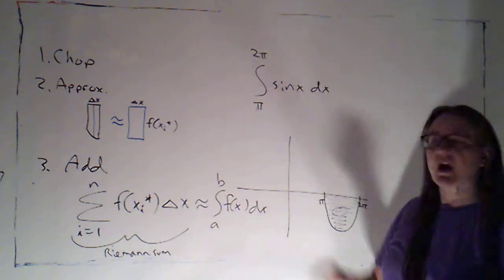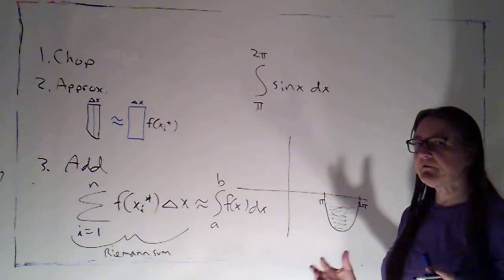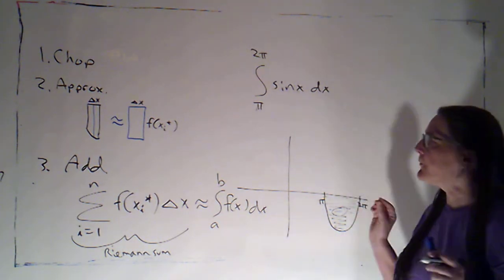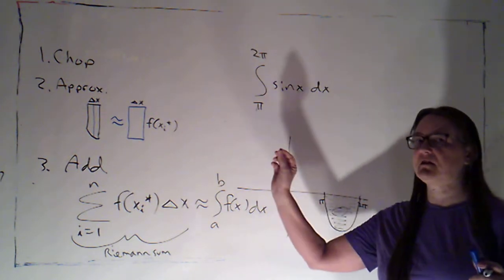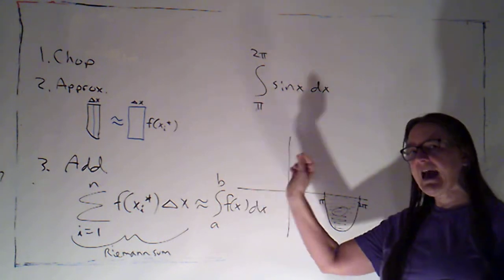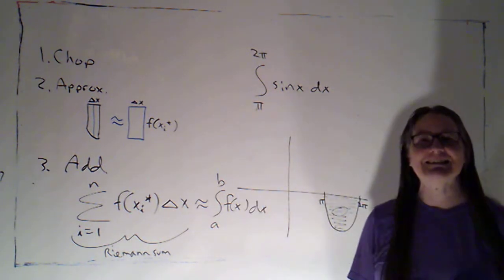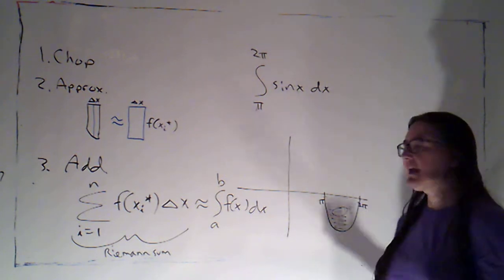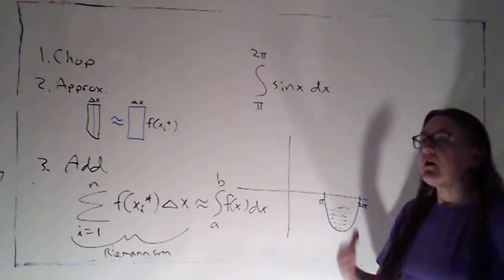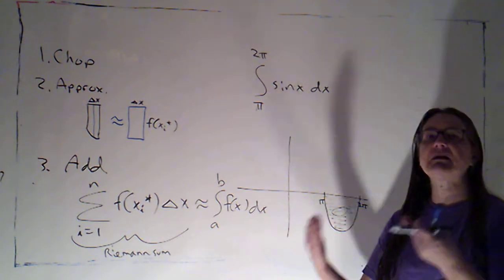So we spent a lot of time working on this in section 5.1. The only difference was that then we were requiring our function to be positive, so that what we were finding was geometric area. Now I'm allowing my function to be negative, so that what I'm finding is signed area. In the case of motion, we were requiring that our velocity was positive, so that it was the same as speed.